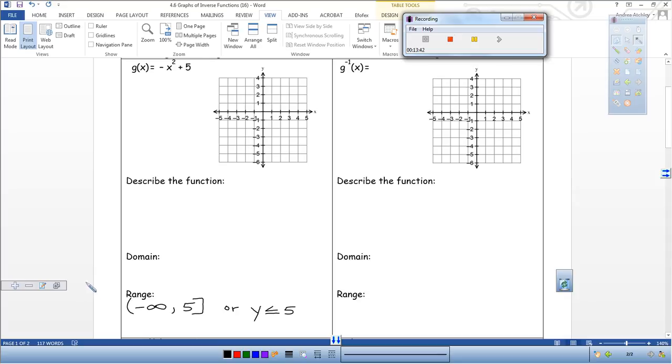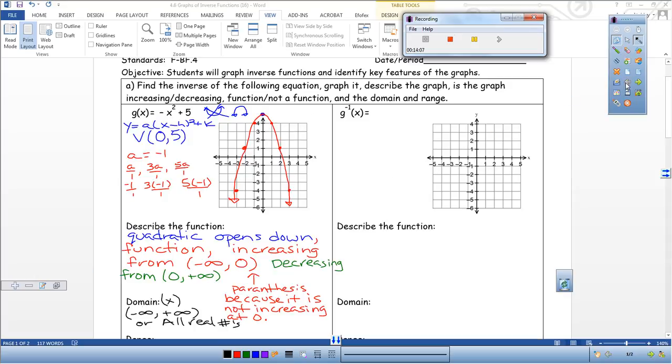We're all good? Okay, now we're going to do the inverse of that same function. So we have the equation over here. We're just going to replace the x and y, and then solve. So x equals negative y squared plus 5. I'm going to subtract 5 from both sides. I get x minus 5 equals negative y squared.